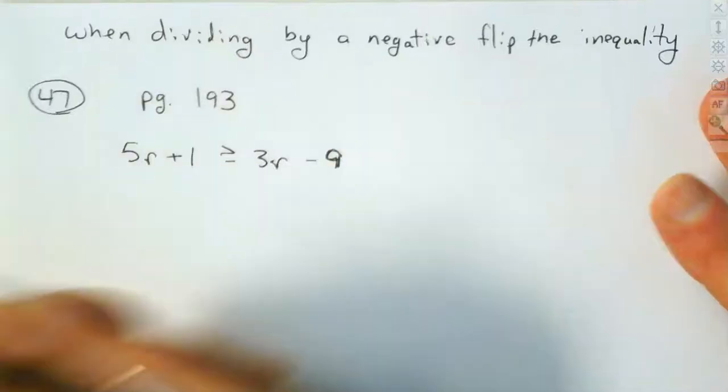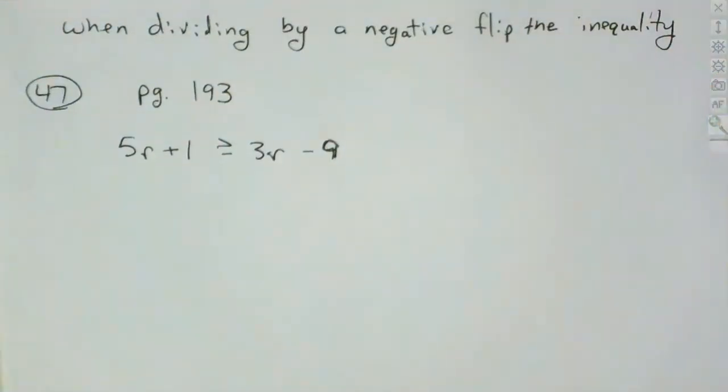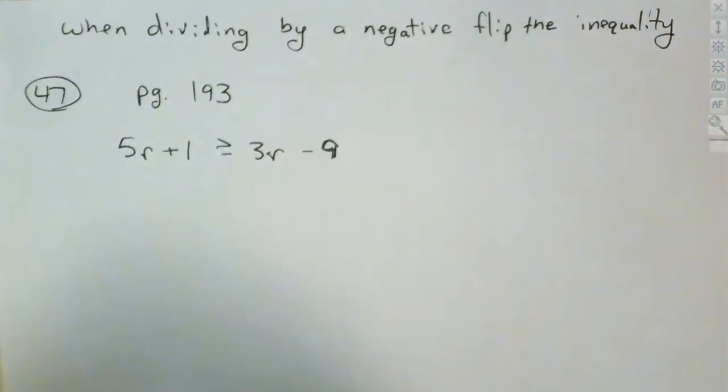So we're going to solve this the same way that we would solve an equality. Now, the only thing that we need to make sure of is that the variable, in this case it's an r, is always on the left, never ever on the right. So when we finish, it has to be on the left. So we're going to solve this the same way that we would solve any other equation.